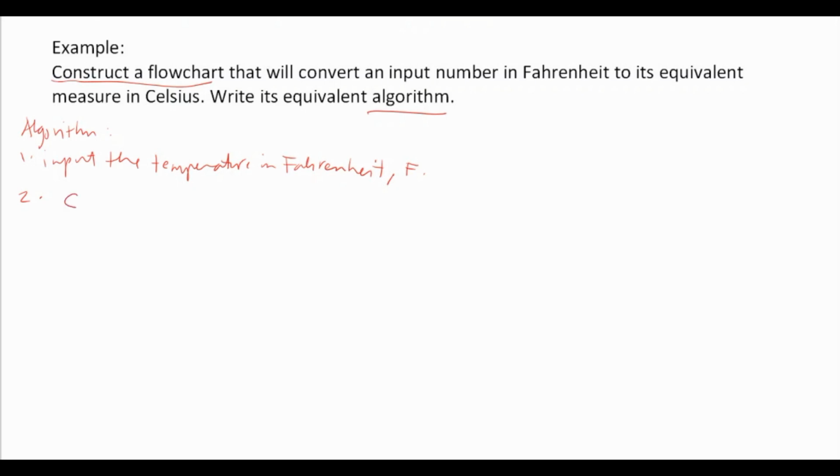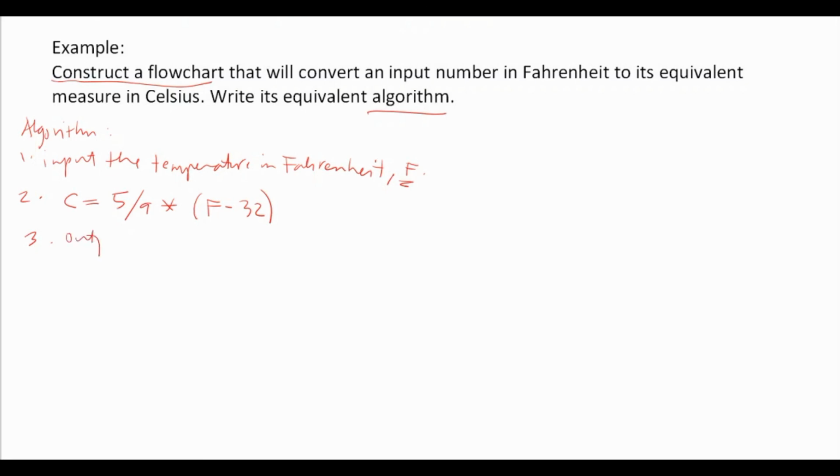We say C gets 5 divided by 9 times Fahrenheit minus 32, right? That's the formula. So the input Fahrenheit minus 32, and then 5 divided by 9 times that, is your Celsius equivalent of the given input Fahrenheit F. And then the third step is to output the Celsius. Okay?